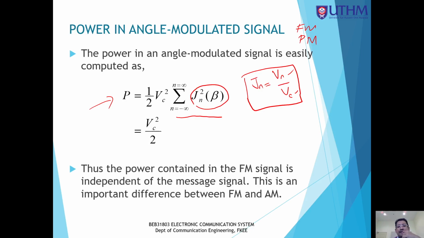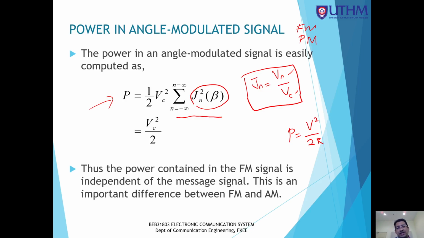As we learned in previous years, the power equation is power equals V square over 2R. If you see from here, there is a missing parameter, which is the resistance.